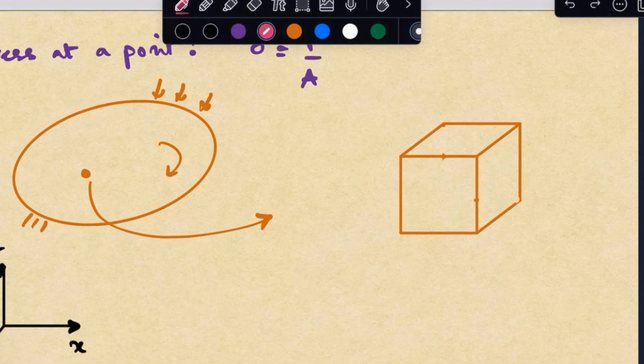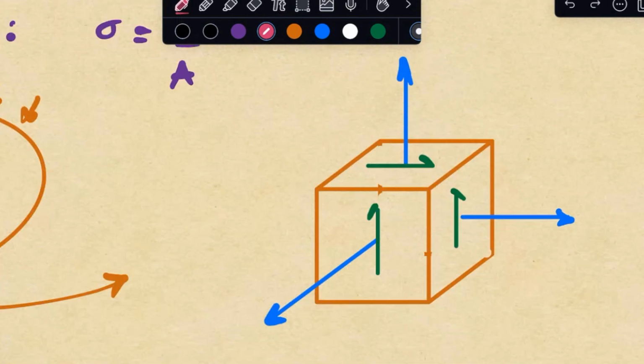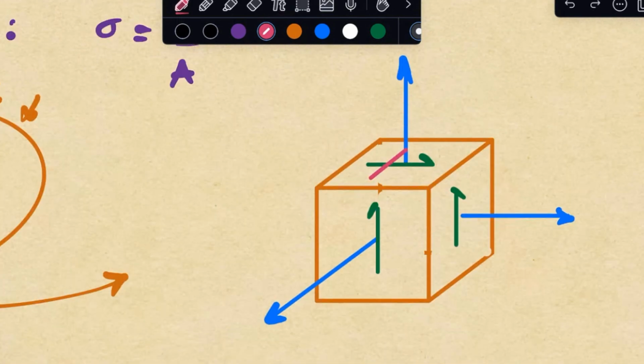We will be labeling normal stresses like that. And we have shear acting like that for one direction, and for the other we will have shear acting like that. Since this is a cube of zero dimensions, it doesn't matter where I show it, so I'll just offset it a little bit.